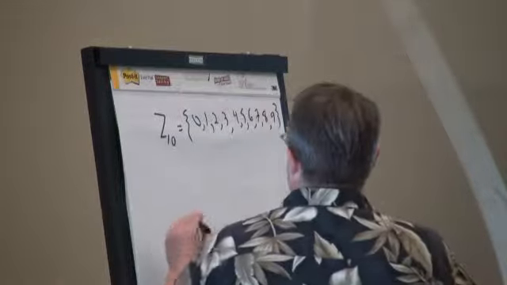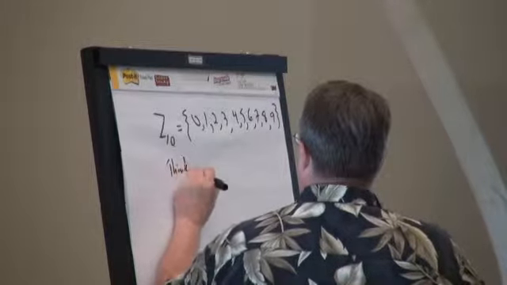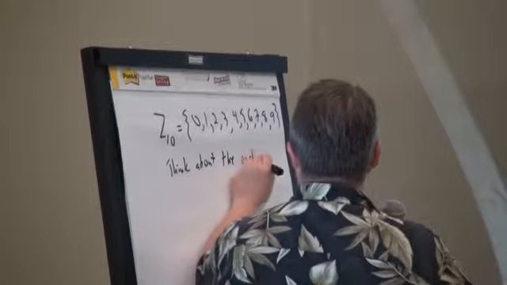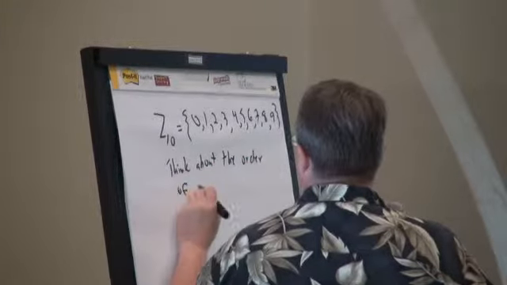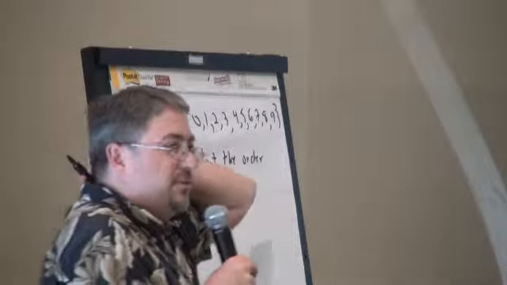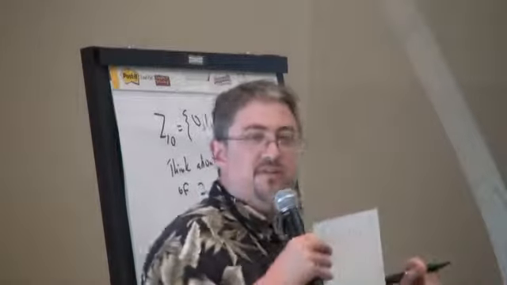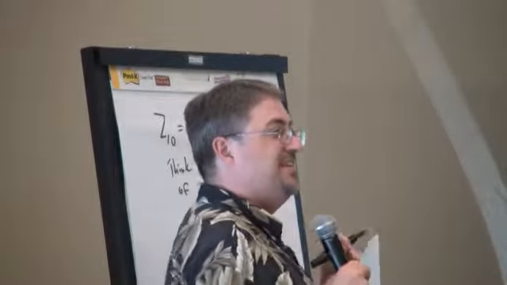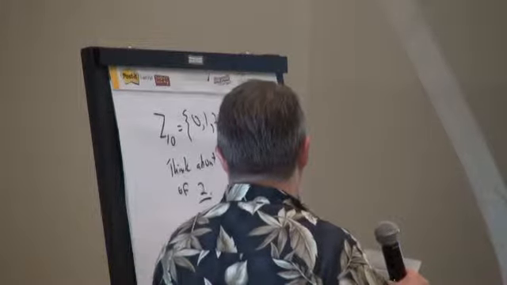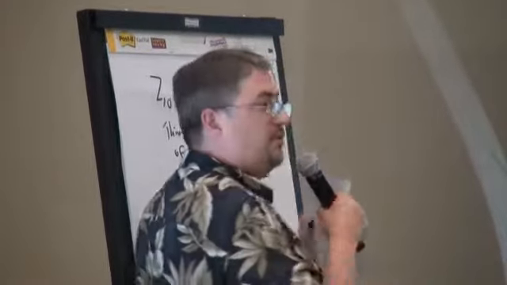Okay. So then we want to think about the order of the element 2. So how would we do that? Do you remember the definition? 2 plus 2 plus 2, some number of times, is going to give us 0.